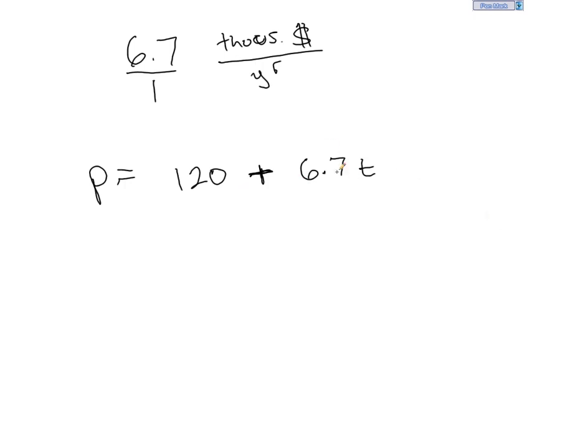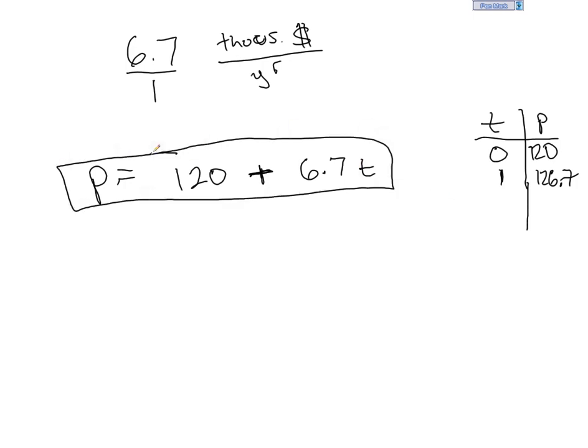That way, if we say, well, t is 0, in other words, we're in 2009, then we should be able to see 120 plus 6.7 times 0 gives us 120. If we put in 1 for t, then we have 120 plus 6.7 times 1, and we get 126.7. And so every year we notice that it just increases by 6.7 more. And so there is our equation.